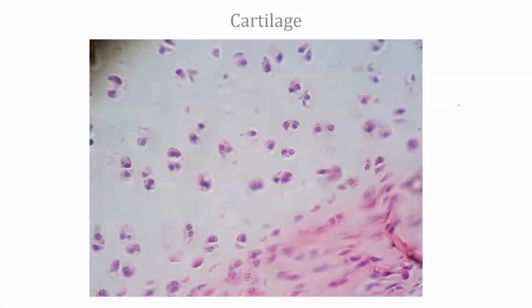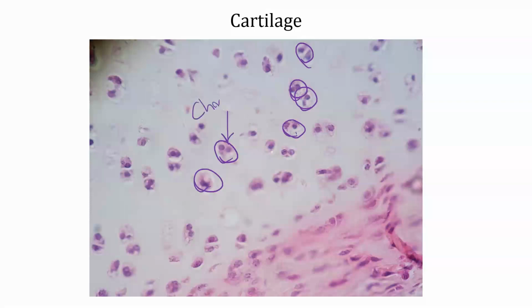All right, what we're seeing here, this is cartilage, and cartilage is similar to bone in that it is more of a dense tissue, and there are going to be little caves in that dense ground substance, which are also called lacunae. Inside the lacunae are where the cartilage cells live, and the cartilage cells are called chondrocytes.